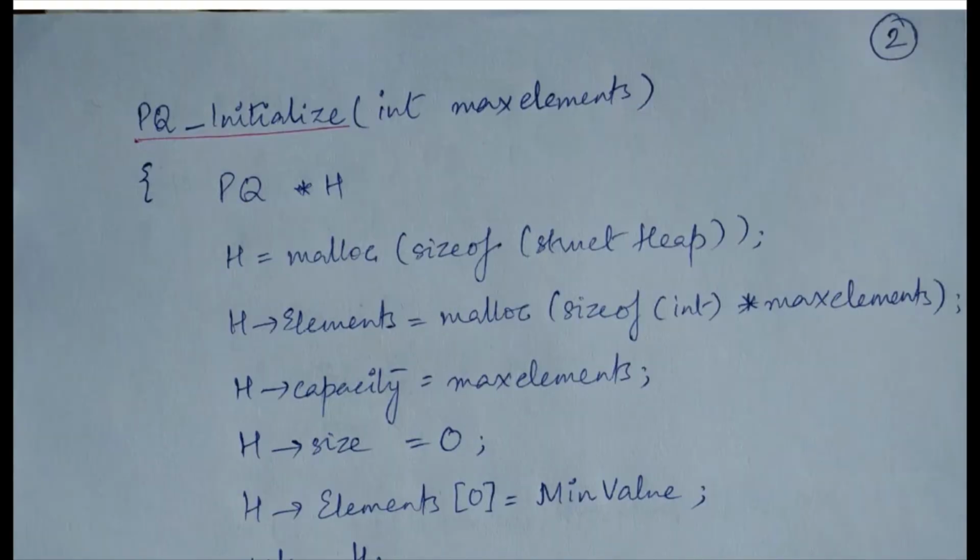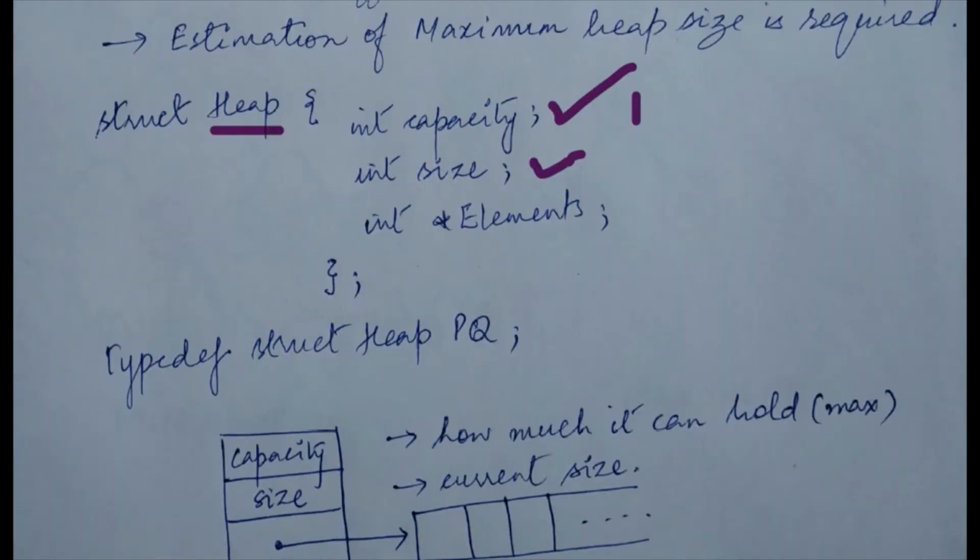So to do this, let's first write the initialize function for the heap. So my heap is a structure. Okay, then I define a structure heap, typedef struct heap as pq. I have written pq, we mean a priority queue. I'll explain later why heap is also a priority queue.